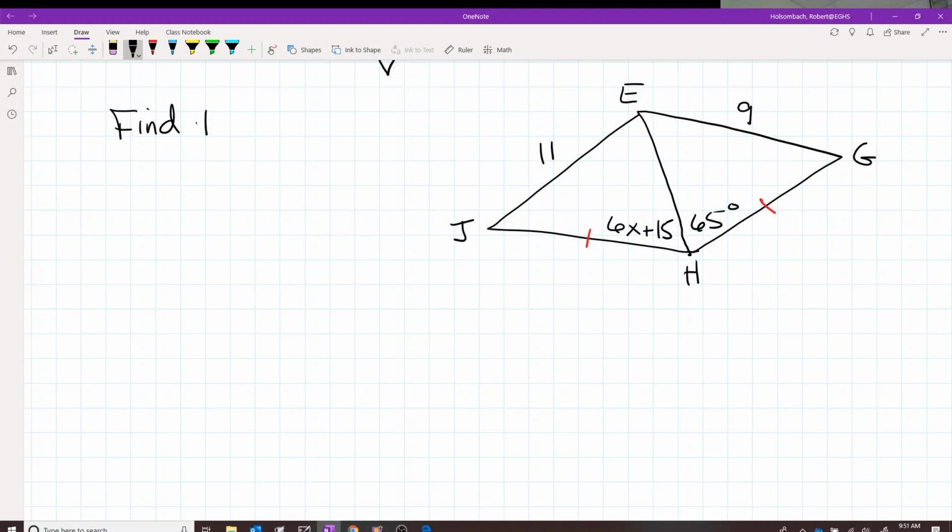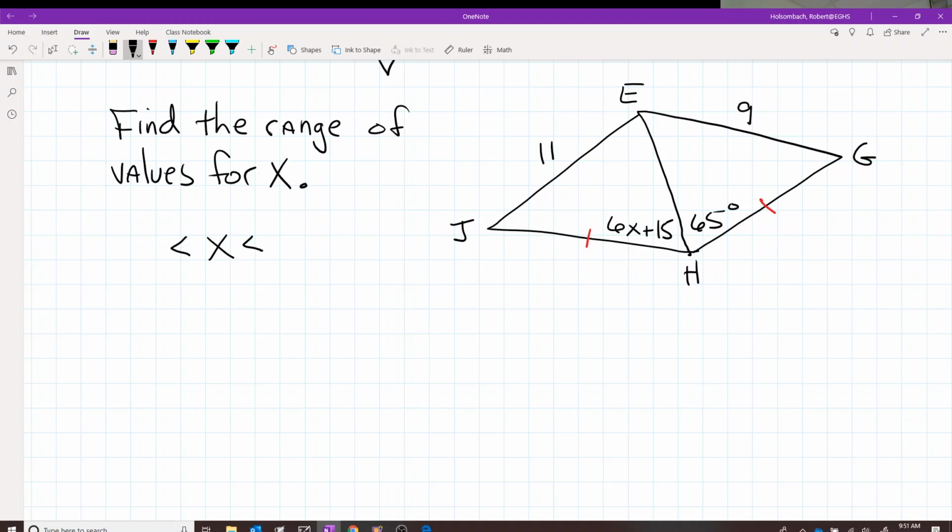You're asked to find the range of values. Alright, when you're asked to find a range of values for x, your answer has to look like this: x is less than something and x is greater than something.